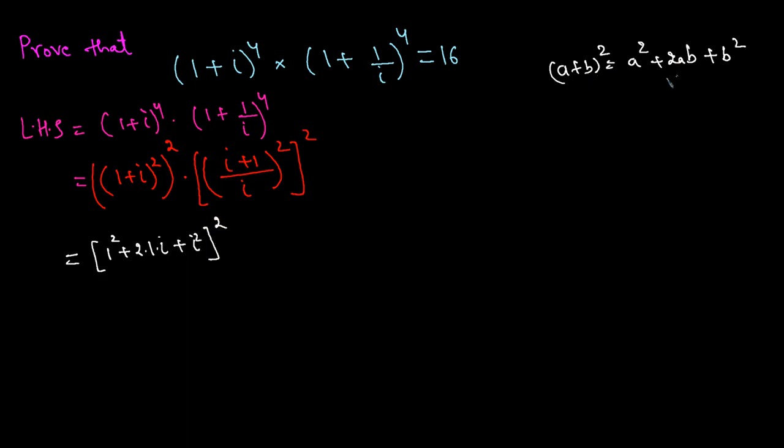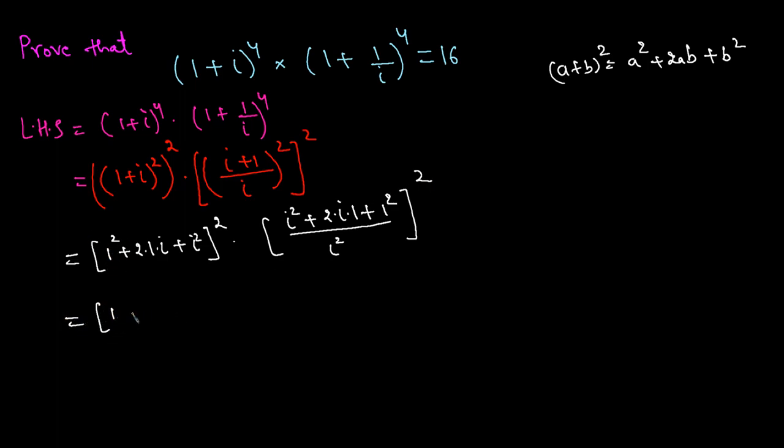So that's the equality I'm using there. So same thing here, we got iota square plus 2 times iota times 1 plus 1 square over this square of iota in the denominator and complete square here.